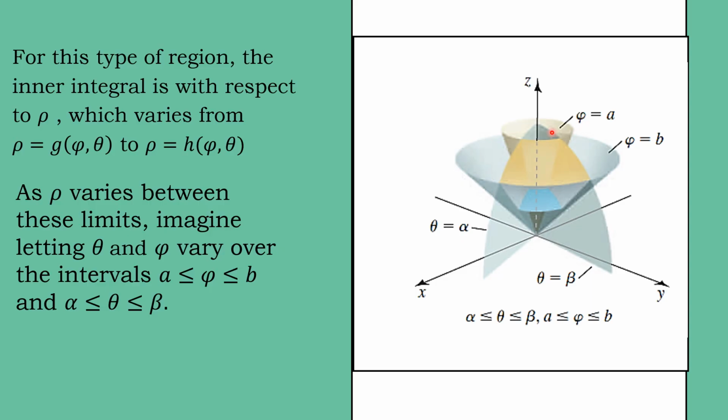For phi, we can see in the illustration that phi equals a is its lower limit, shown as a cone, and phi equals b is a wider cone.